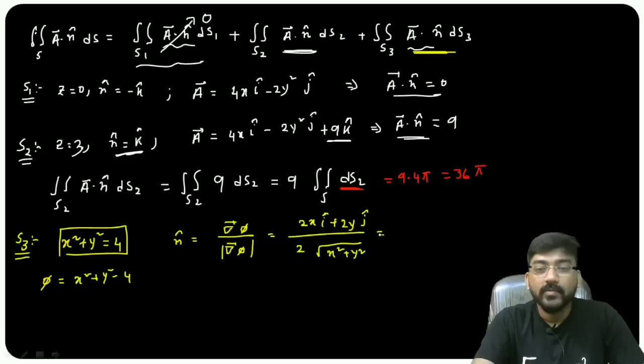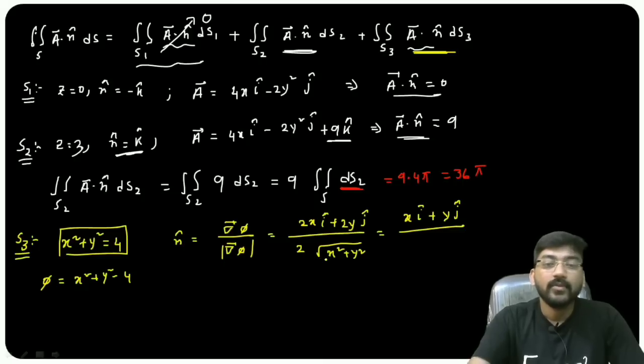If you take 2 common, then it will be x i cap plus y j cap divided by root over x square plus y square, which will be just 2, because x square plus y square is 4. Okay, so this is n cap.